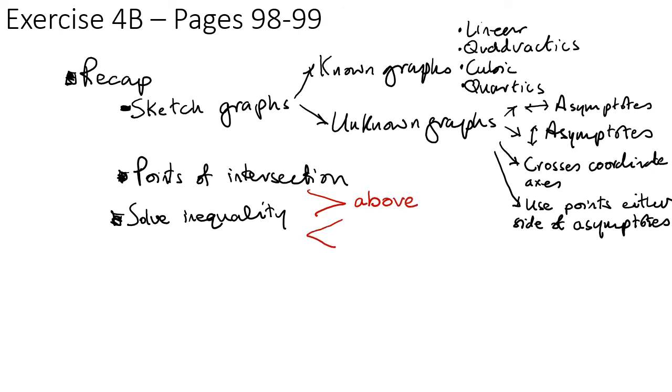And where we have this symbol, it's where the one graph is below the other. Now sometimes it may include this equal to as well. That doesn't change any of the working, it just changes your solution. You just need to make sure in your solution you have the greater than or equal to or less than or equal to inequality sign in your solution.